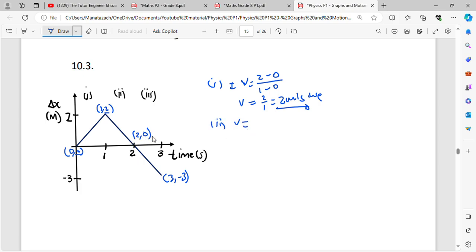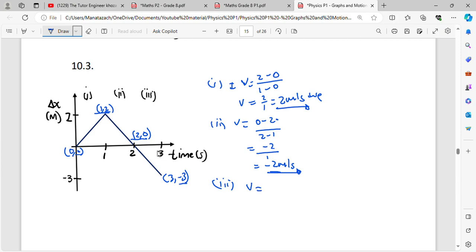And then Roman figure 2, v is equal to 0 minus 2 divided by 2 minus 1, which is minus 2 over 1, which is minus 2 meters per second. And Roman figure 3 is going to have the same slope, so you get the same velocity, right? This is the same continuous line, but let me show you why you'll get minus 3.